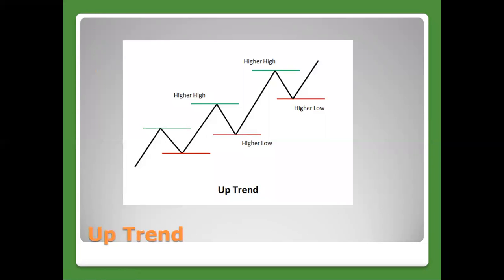The definition of an uptrend is when the price is making a higher high and a higher low. If you take a look at this image, as you can see, the price moved up and then came down. Anytime you're trading, the price doesn't move in one direction. There's never a straight-to-the-moon kind of setup.